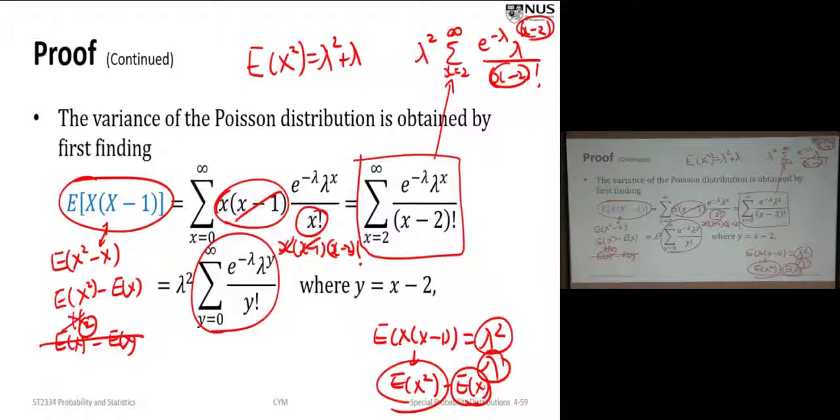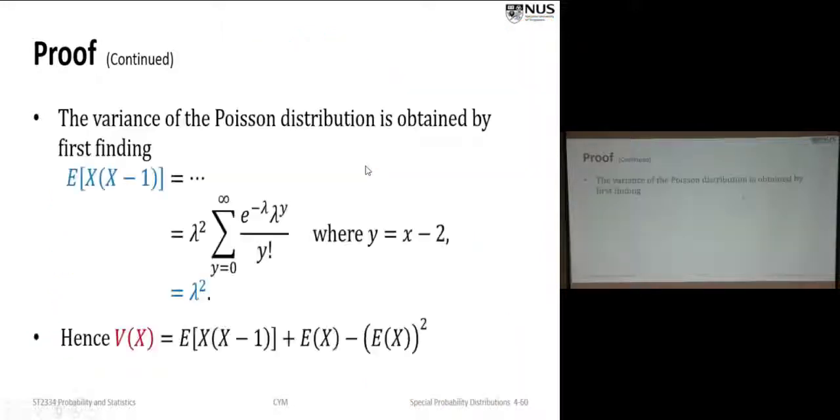So then obviously the variance of x is equal to the expectation of x squared minus the square of the expectation, which is lambda squared plus lambda minus lambda squared. So the lambda squared cancels out, leaving lambda. All right? So that's what we have. So the variance of x is equal to lambda.